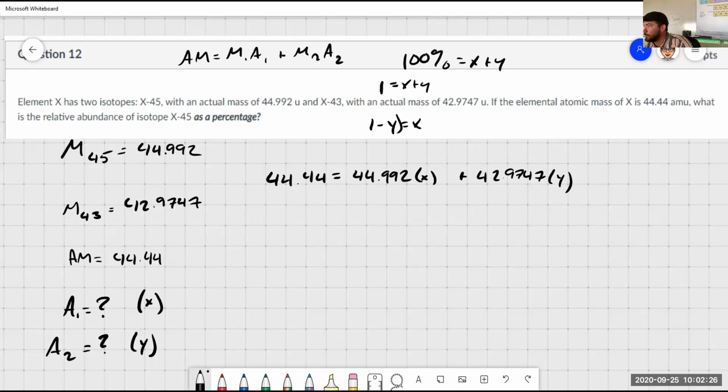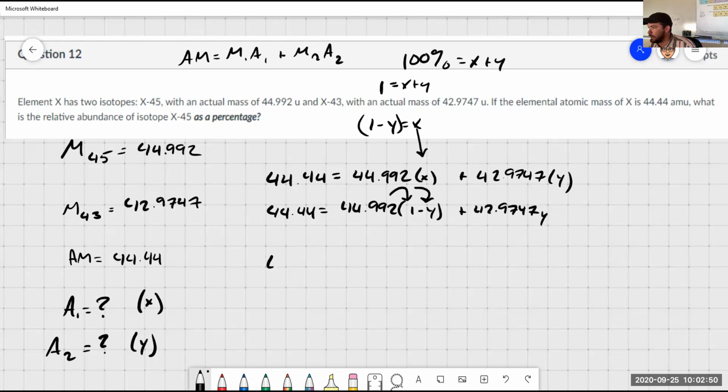So that's what we're going to do. We're going to plug that value in there for X. So now we're dealing with 44.44 equals 44.992 times (1 minus Y) plus 42.9747Y. Distribute that to both parts of the parentheses.